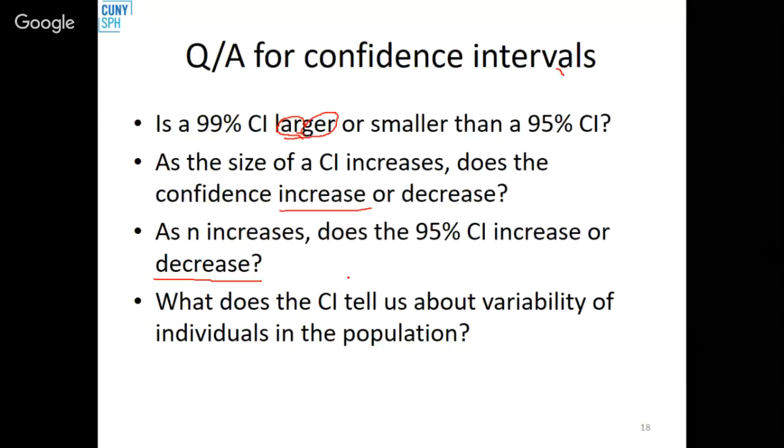So the confidence interval tells you about your confidence that the population mean lies in that interval. It is not an indication of individuals in the population. So just because a 95% confidence interval lies between here and here, the variability of individuals could be a little larger or a lot larger depending on the sample size.